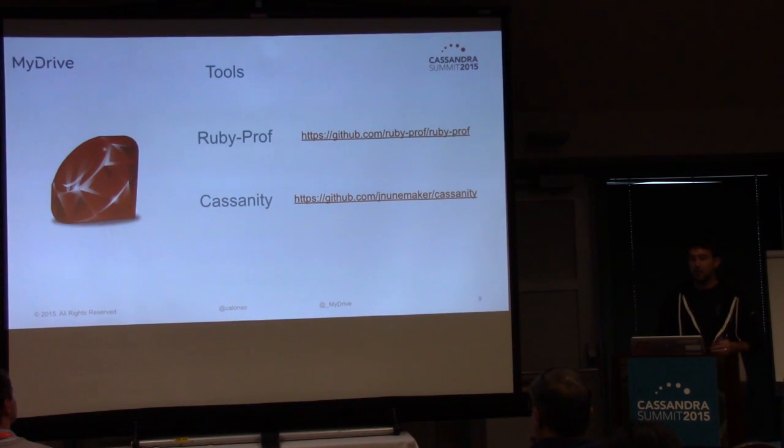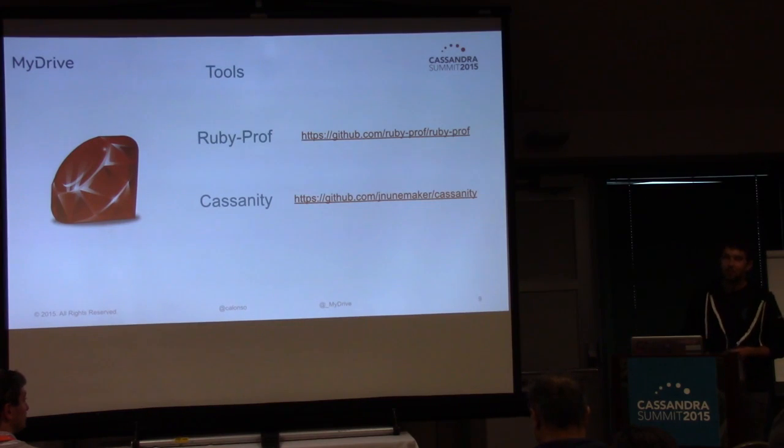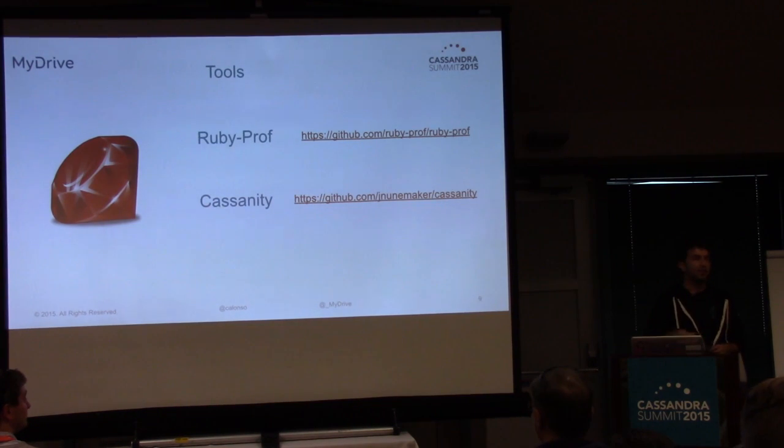And Casanity, which is a gem that John Newmaker started, and then I became a core committer of it, which is a gem built on top of the Ruby driver that DataStax provides to basically avoid having to write CQL strings all around the place, right?